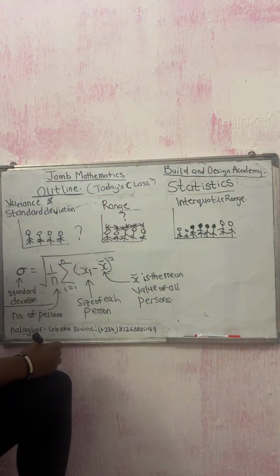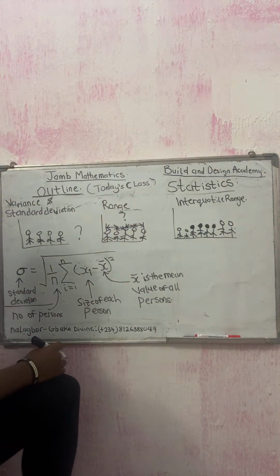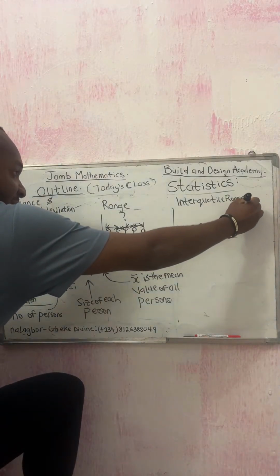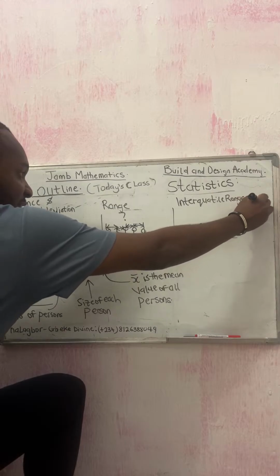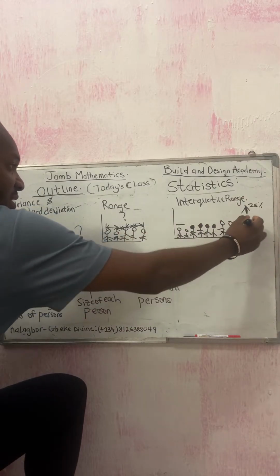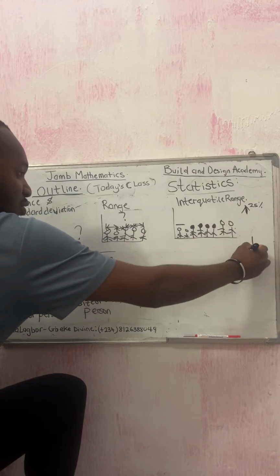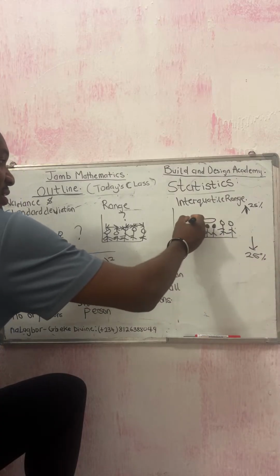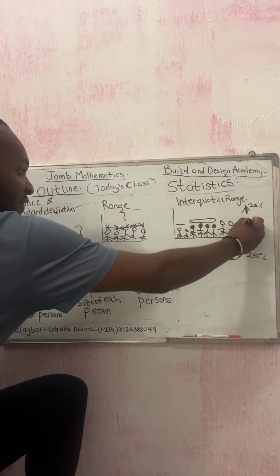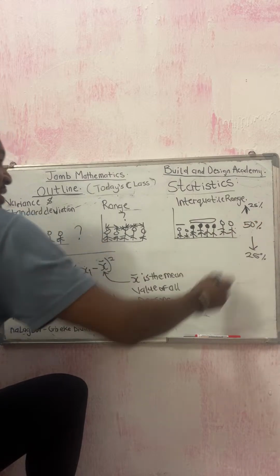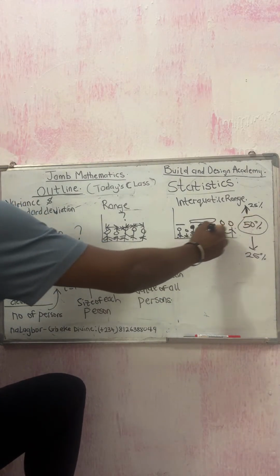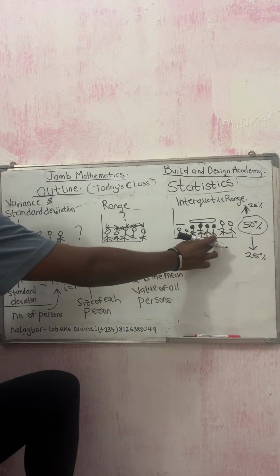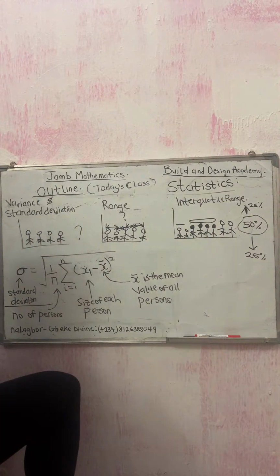Very simple. While our interquartile range is telling us the value with the highest percent. Let's say this side is 25%, and this other ending part is 25%. So this part in the center, the colored one, has 50%. The interquartile range is telling us the value with the highest percent, that's 50%.